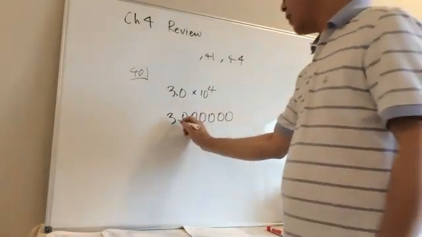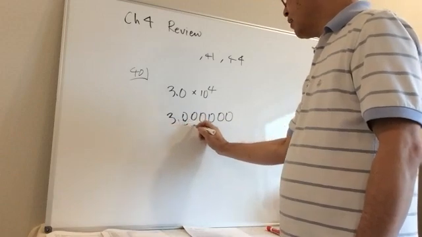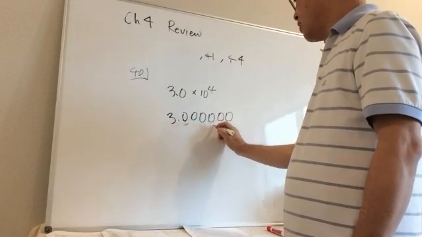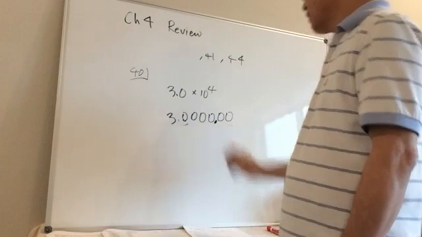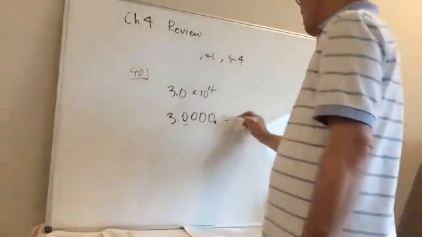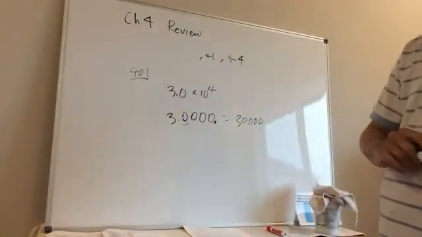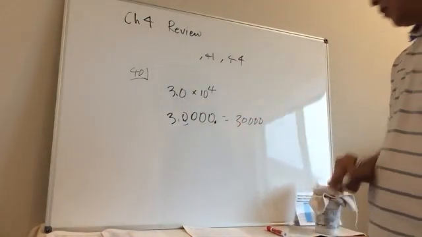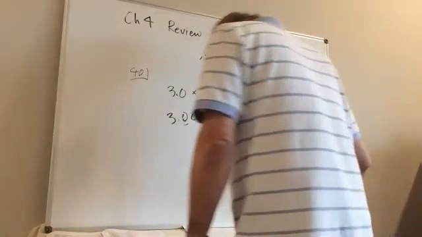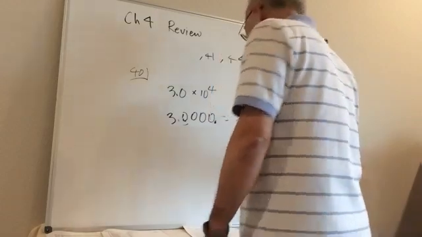So I'm going to go 4 over to the right: 1, 2, 3, 4. I don't need these over here. So basically it's the same as 30,000. Okay, so that was 40. That was pretty simple. Let's do 41.